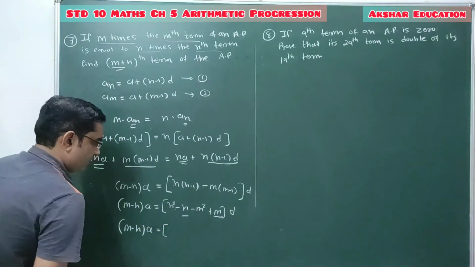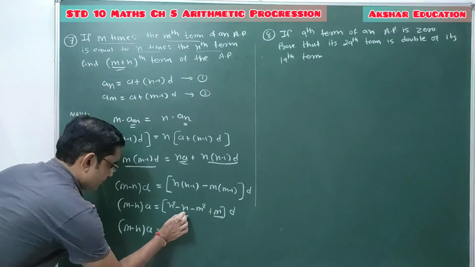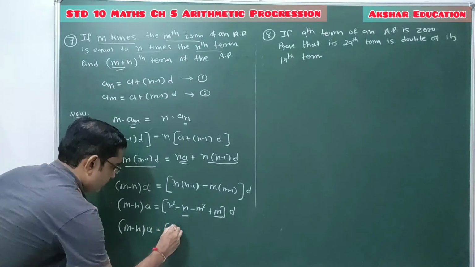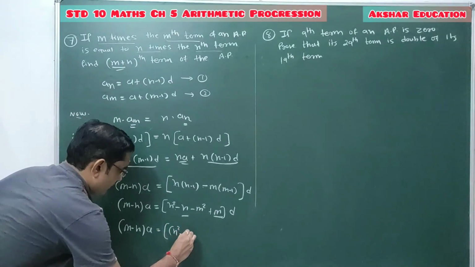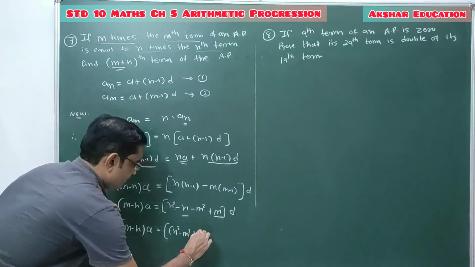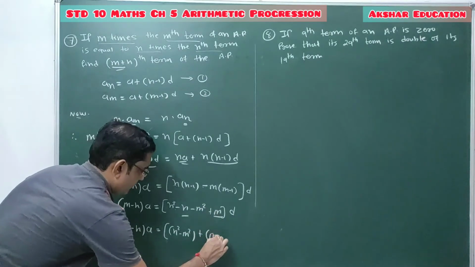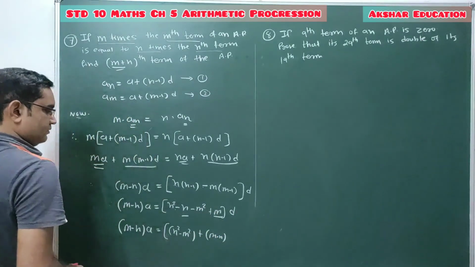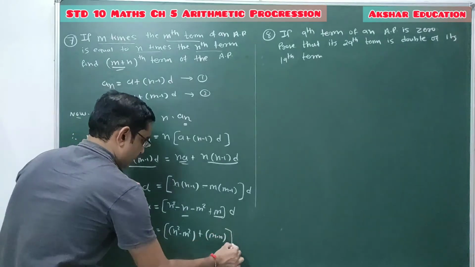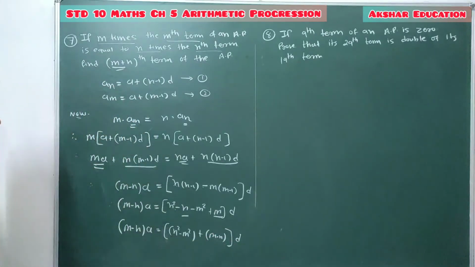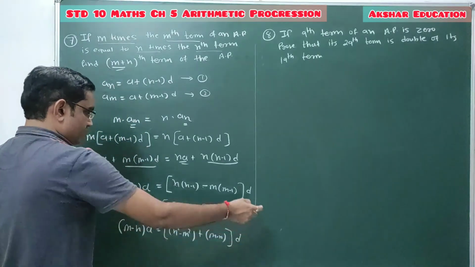It's n square minus m square. No, two terms are there. First term is n square minus m square plus (m minus n) whole multiplied by d. Clear? Now further simplification.